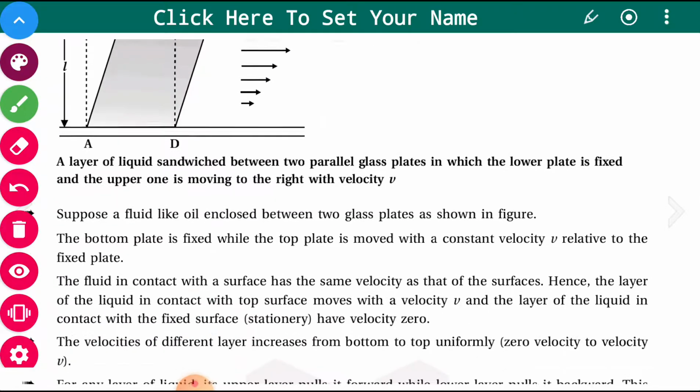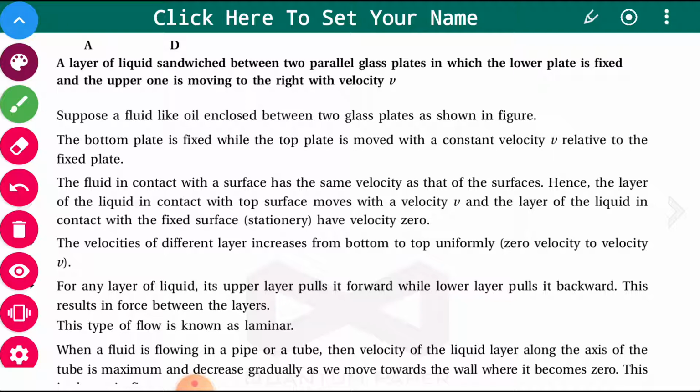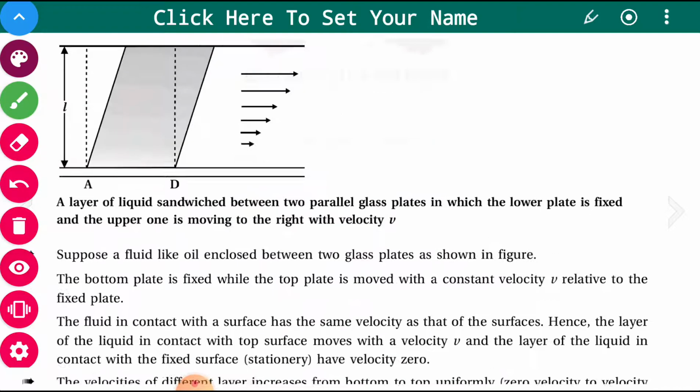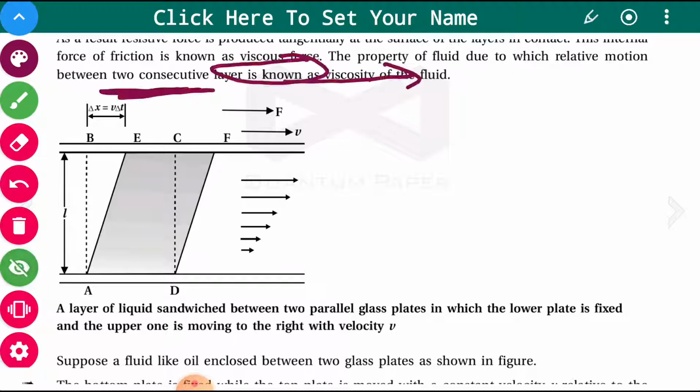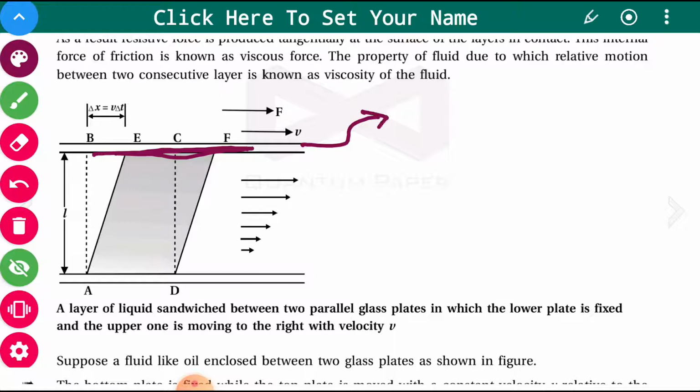Hence, the layer of the fluid in contact with the top surface moves with velocity v, and the layer of the liquid in contact with the fixed surface is stationary. So there are two different layers: one is in contact with the upper glass plate, the other is in contact with the lower glass plate.